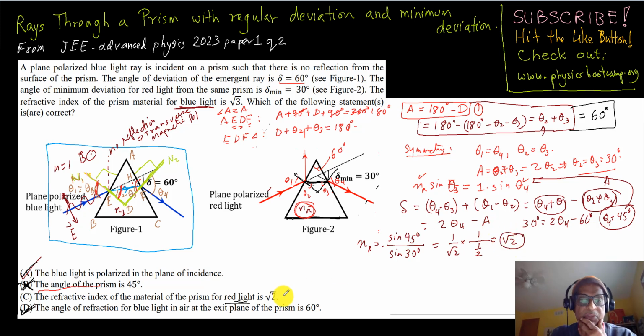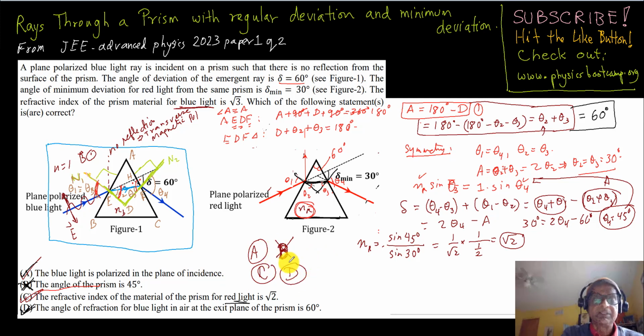So this is correct. Okay, so the answer we got was A is correct, B is not correct, C is correct, and D is correct. So these are the correct answers.